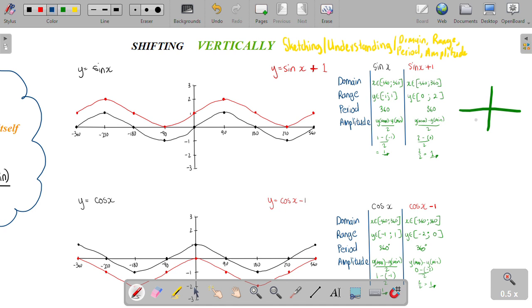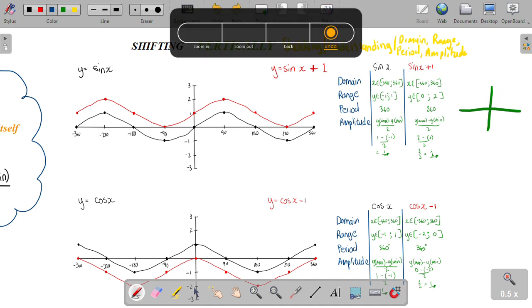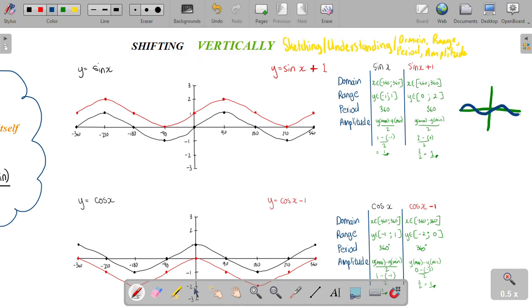They're not becoming longer like that, which we'll look at in the next video. However, they are just moving up. So say my graph is like this, all of a sudden it will shift, going up or down, having the exact same shape. That is what this lesson is about.